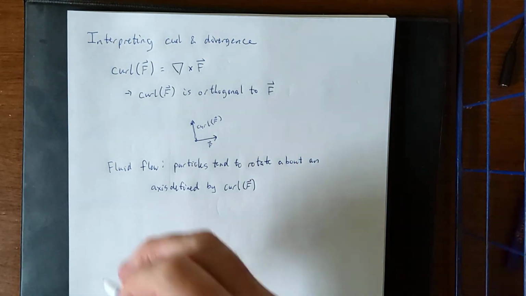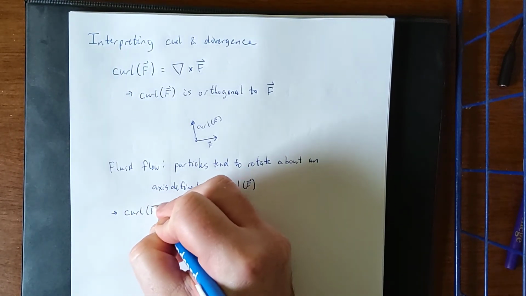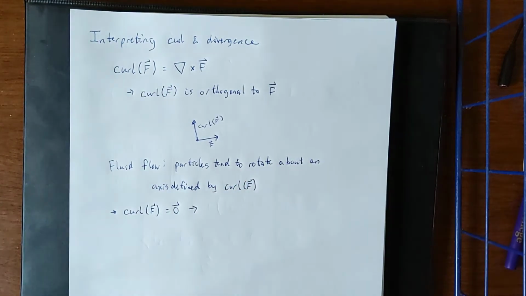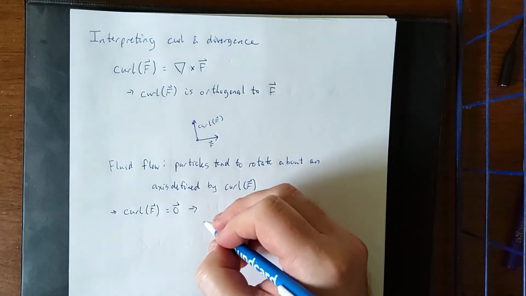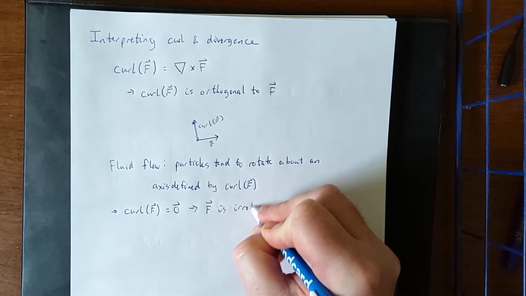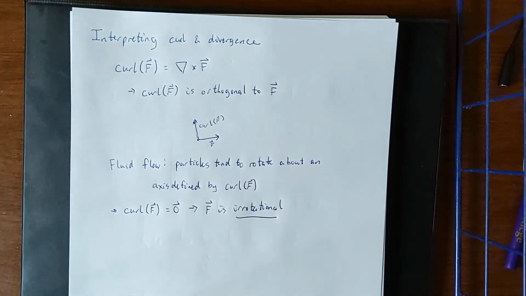Now, with that in mind, that'll help give us an interpretation to when the curl of a vector field is equal to 0. We say that capital F is referred to as irrotational. In other words, there's no whirlpool or eddy at P. So that means that this thing tends not to rotate as it is flowing.